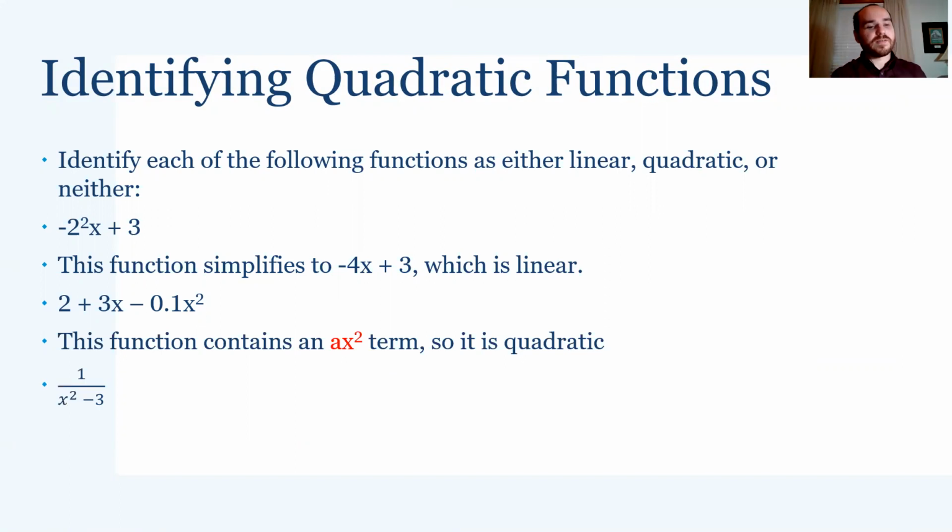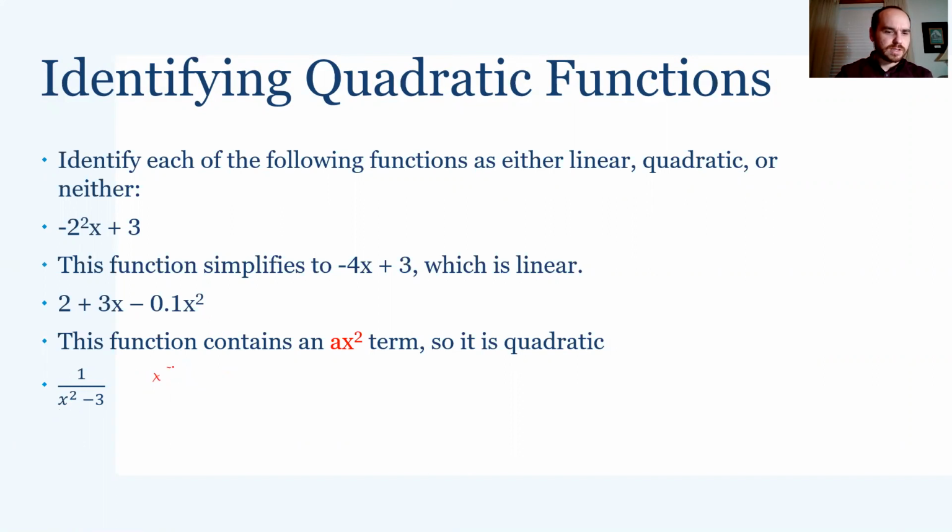The reason that I corrected myself on the last one, we have 1 over x squared minus 3 right here. There is an x squared, but not really. If we simplify this, remember, this is basically x to the negative 2, so it's 1 times x to the minus 2 minus 3.